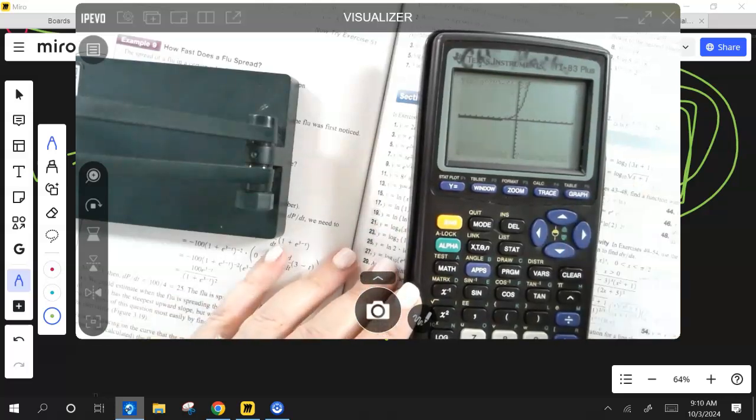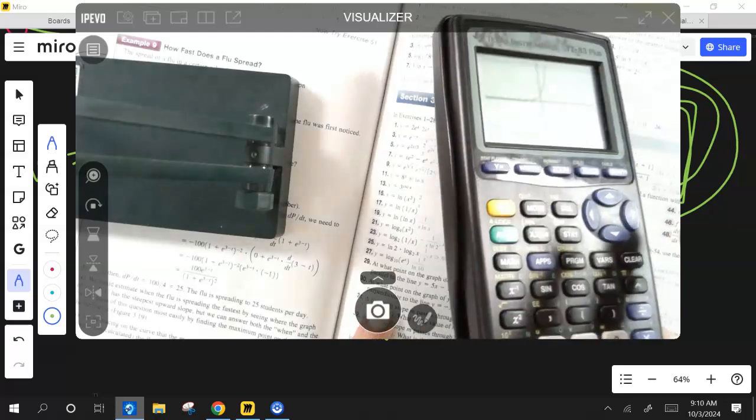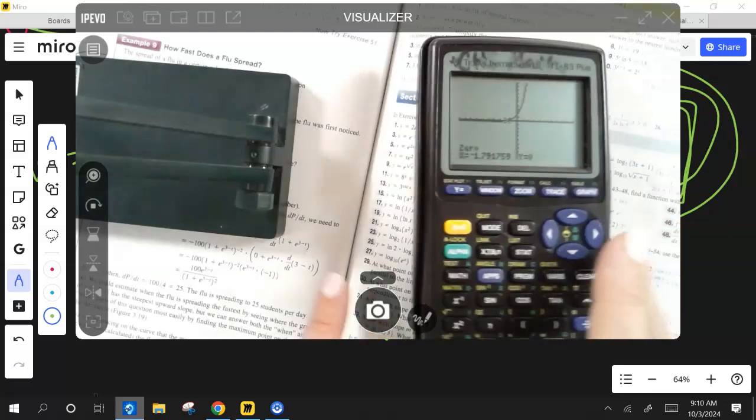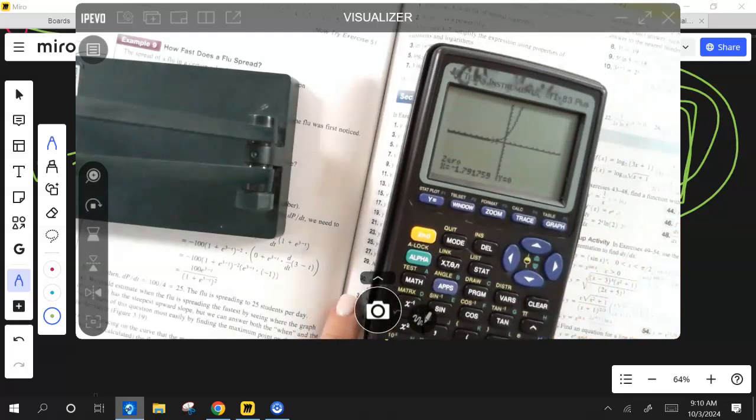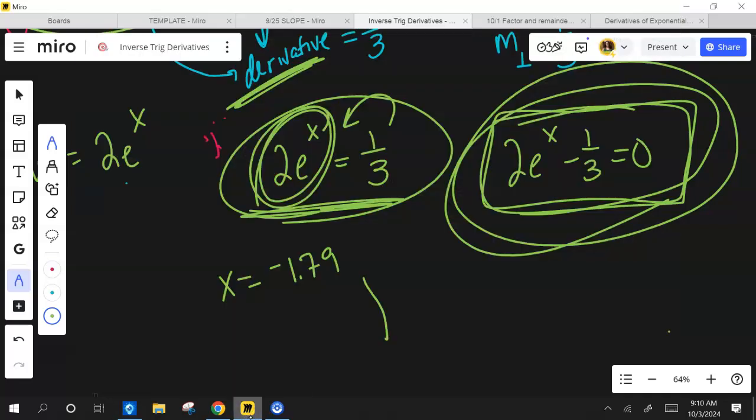You see we get the same x there. The 2e to the x minus 1/3. Depends on if it's calculator or non-calculator. If it is calculator, I would most definitely use my calculator to find that solution, especially since it's such a nasty decimal. That's always going to give you the right answer as long as you input the equations correctly the first time.